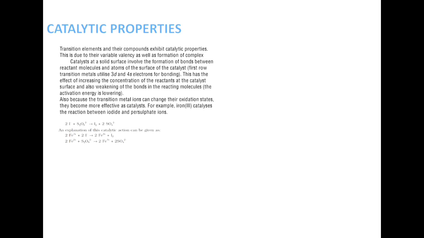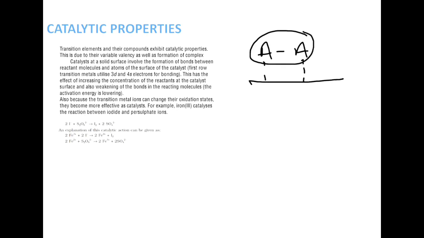When they are used as a catalyst, on the surface of the metal the reactant atoms or molecules will adsorb on the surface of the solid, and that solid surface will make a bond with atoms of those reactant molecules, so that the bonds among the reactant molecule become weak.